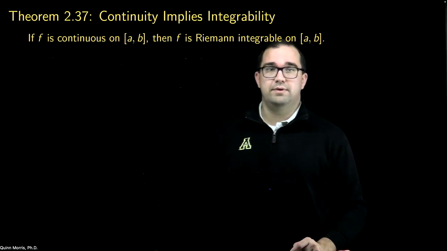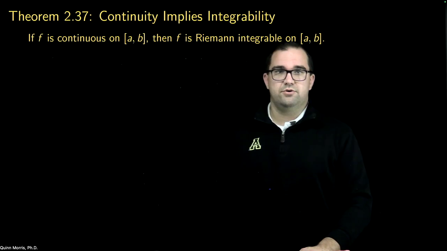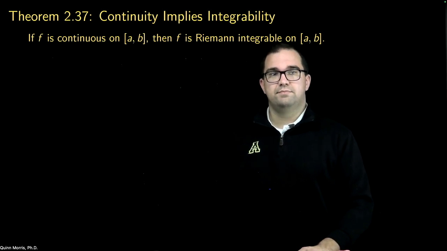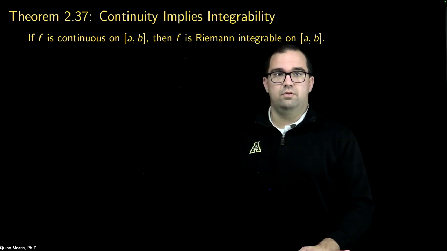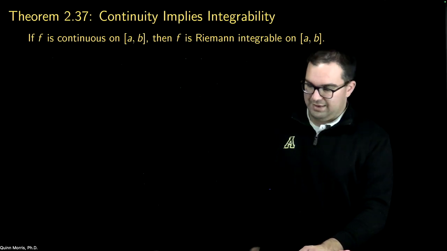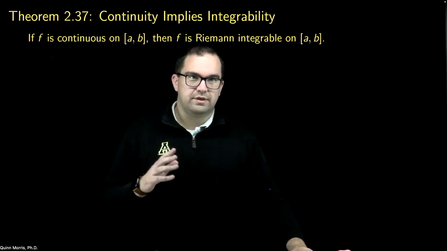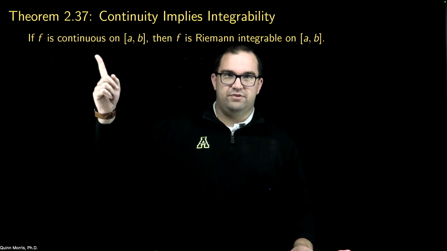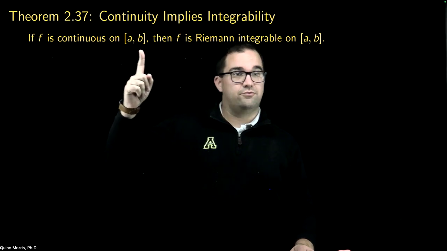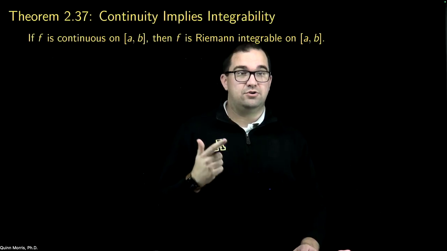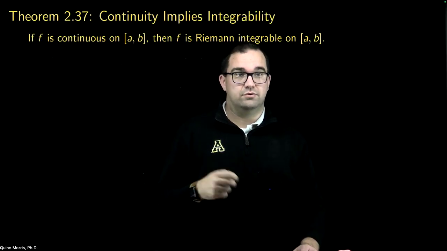So our goal next will be to prove this theorem: if f is continuous on the closed interval [a, b], then f is Riemann integrable on the closed interval [a, b]. Now, the first thing to say is, if this function is continuous on the closed interval [a, b], we need to keep in mind we know a lot of things about continuous functions on closed intervals.